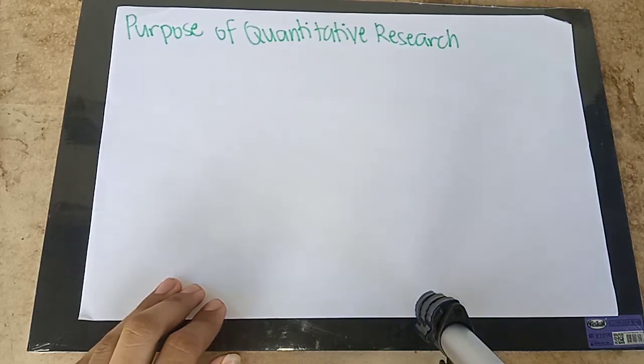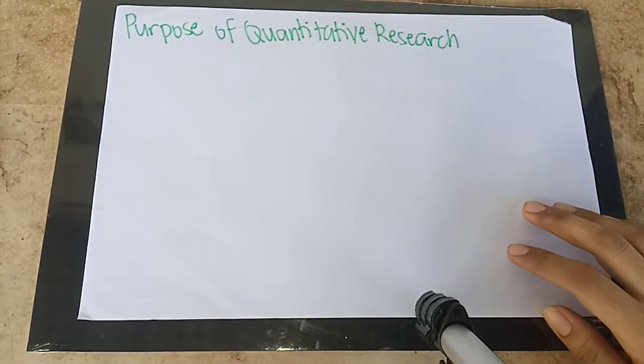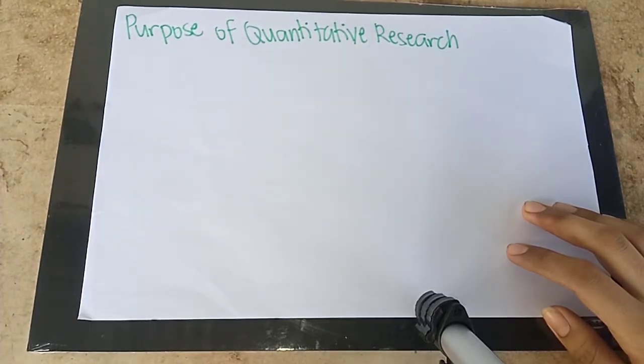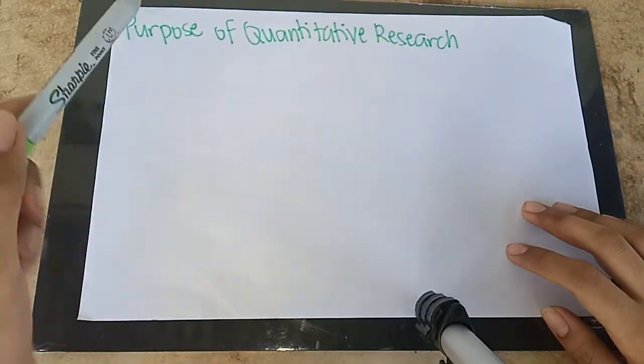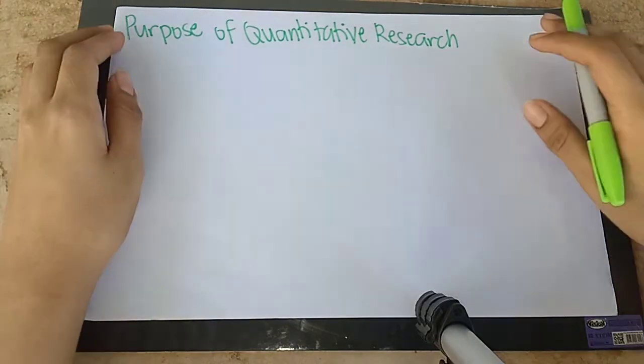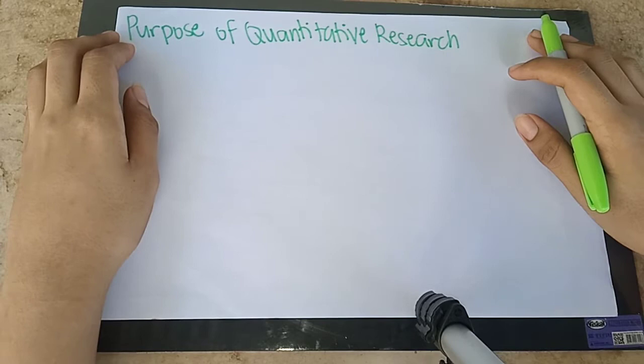In this video presentation, after we have discussed the different methods in gathering data when it comes to quantitative research, we are now ready to proceed to the purpose of quantitative research. Many of you would think, why do we study research, especially quantitative research?